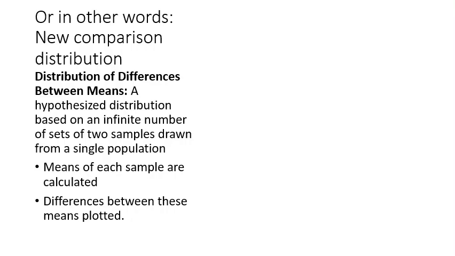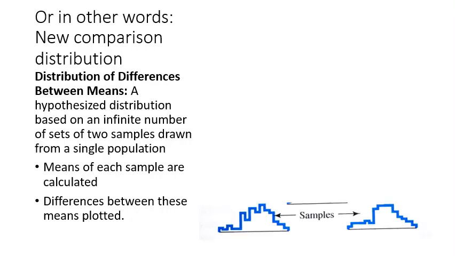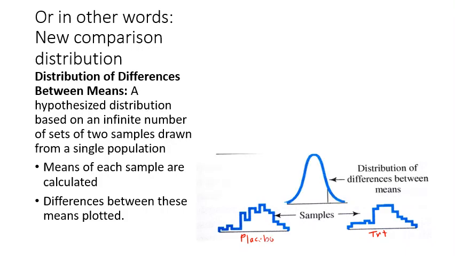So let's look at this in a different way. We have our two samples that we've drawn from some big population. One of these samples gets the treatment, and one of them gets the placebo. All right, and we're actually calculating the difference between these two means.